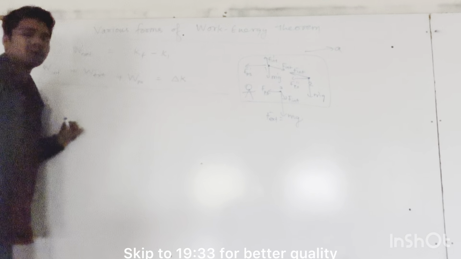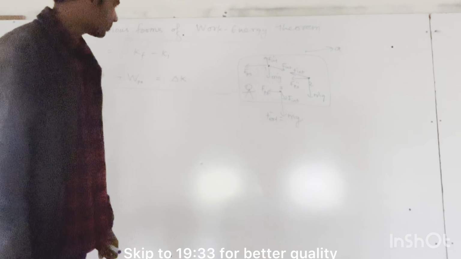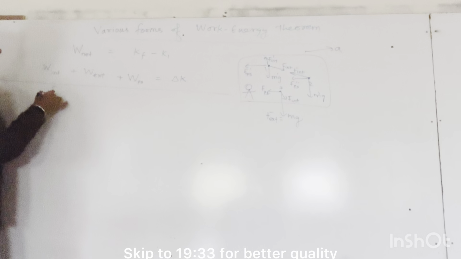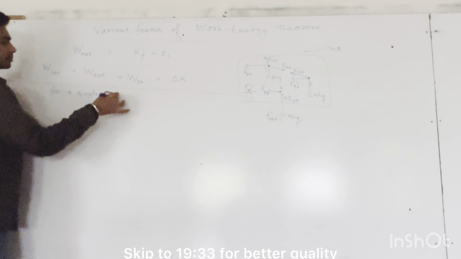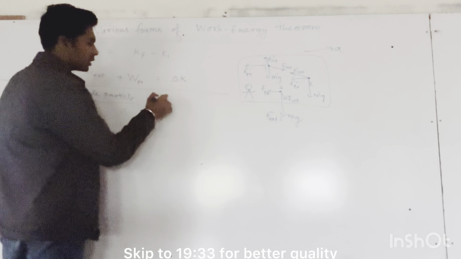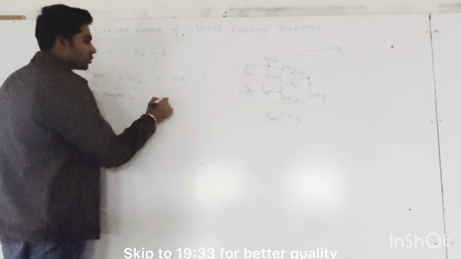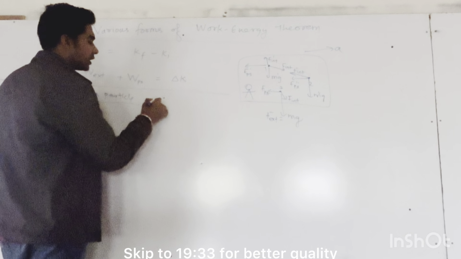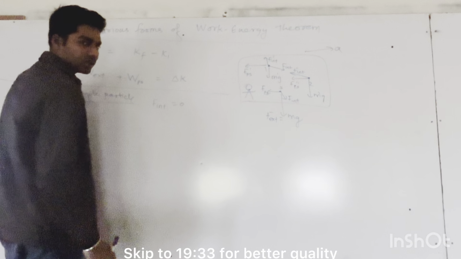Now, for this chapter, we are limited to just one particle system. For a single particle system, there is no concept of internal forces for a point particle or single particle. So the point particle may only experience external force and no internal force.